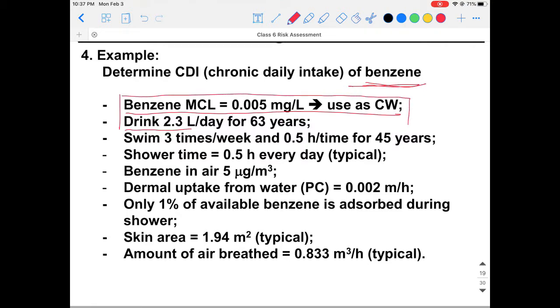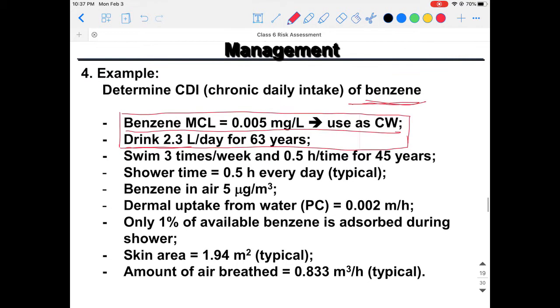Based on the first two conditions, we can calculate the CDI coming from drinking water, right? Because we drink 2.3 liters, at a concentration of 0.005 milligram per liter.